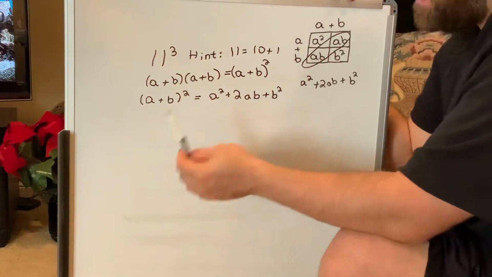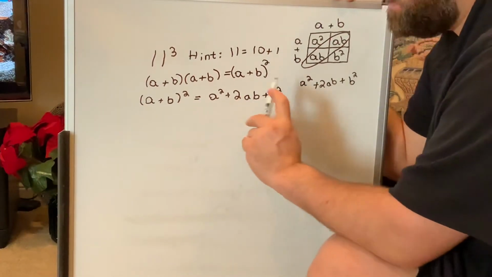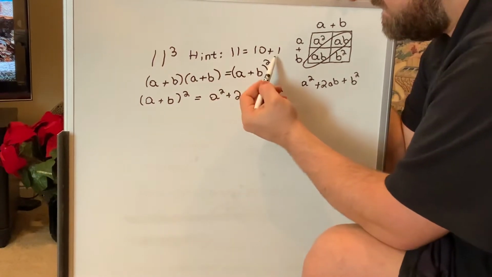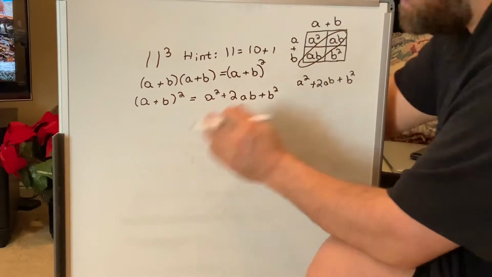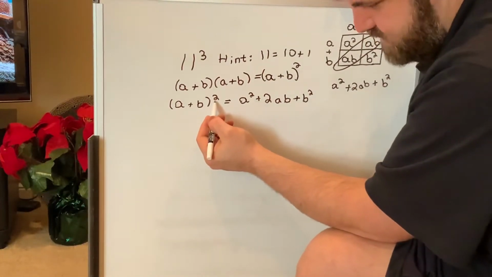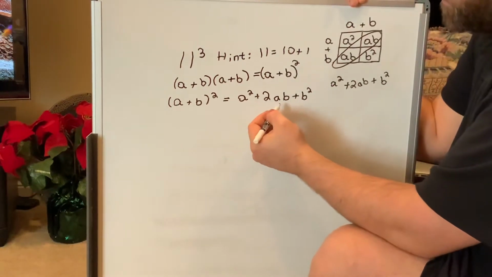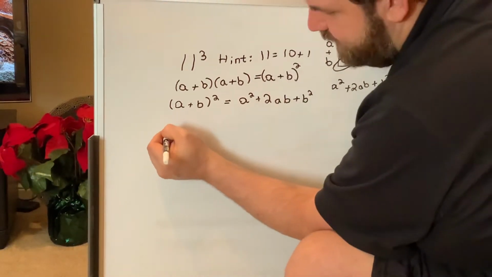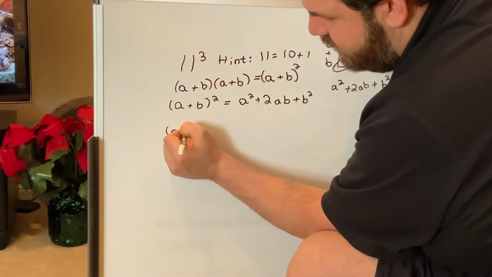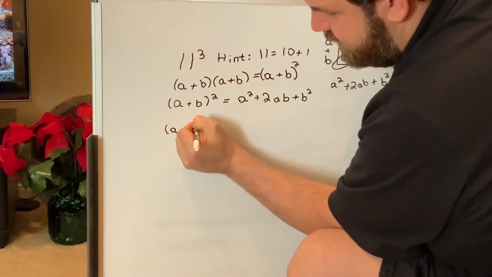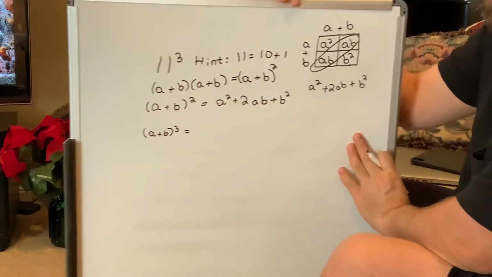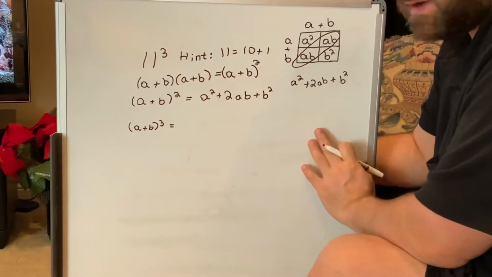So once you have this concept, you can actually use this hint. All right, let me walk you through the process. If A plus B squared equals A squared plus 2AB plus B squared, then let's think about A plus B cubed. This does not need to be hugely complicated.